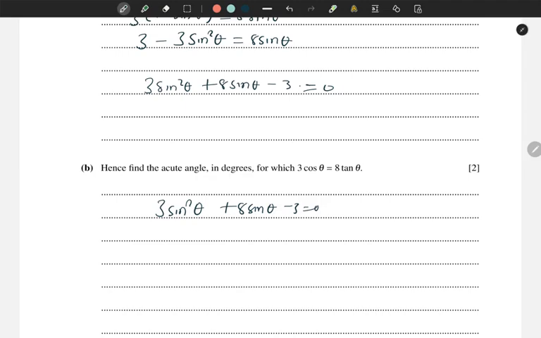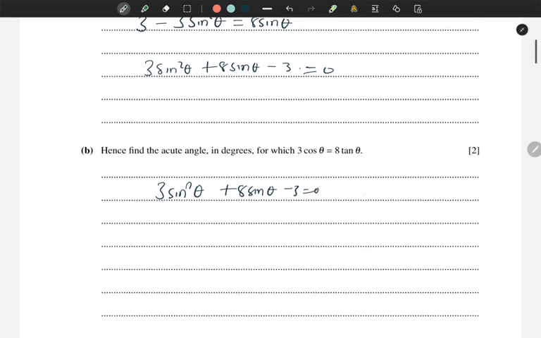To factorize this, or to solve this, let y equal sine theta, which means 3y squared plus 8y minus 3 equals 0. With a product of minus 9 and a sum of 8, this can be written as (3y minus 1)(y plus 3).